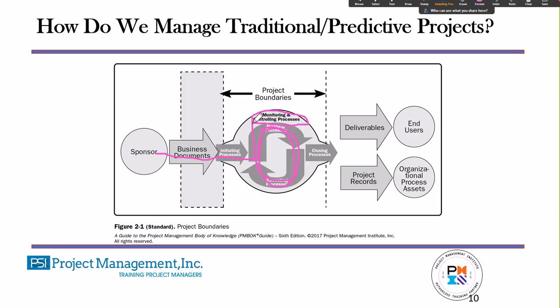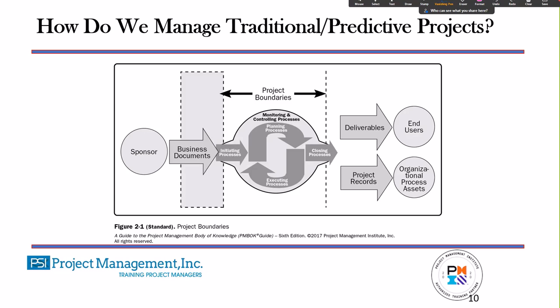If we have a variance, then we will be required to issue a change request to correct that variance. Then once that project is finished, we will close it out and transfer that deliverable to the end user, and then we will file all the documentation away. That's the way we do a traditional project.